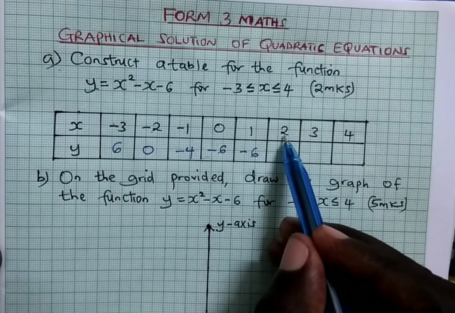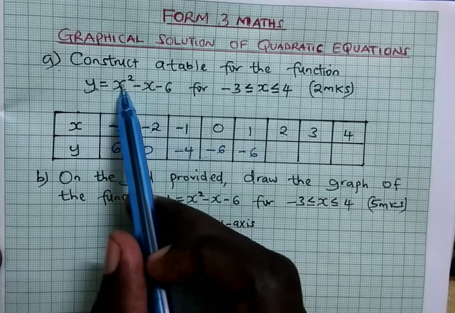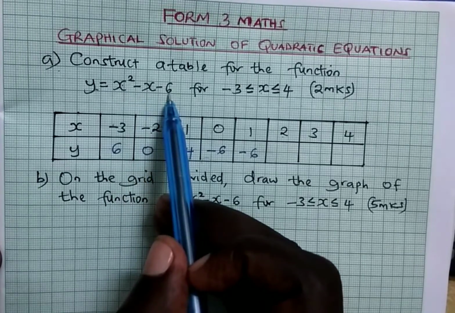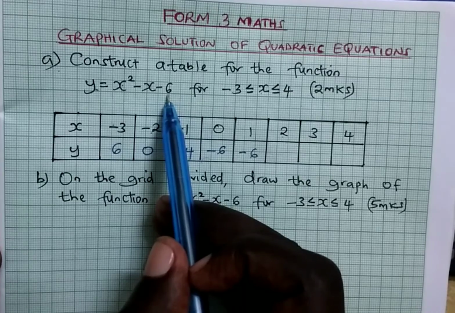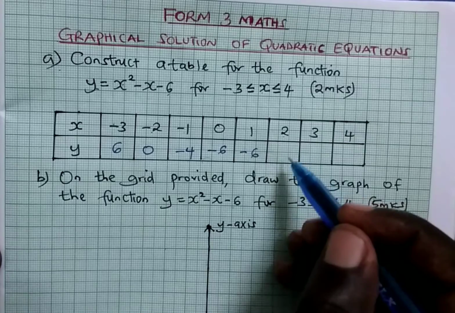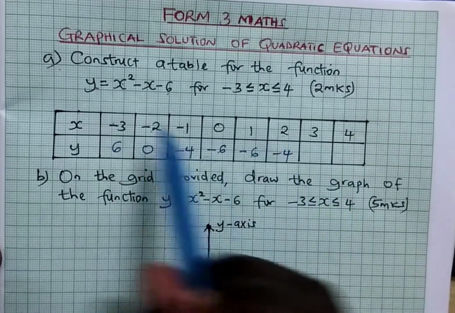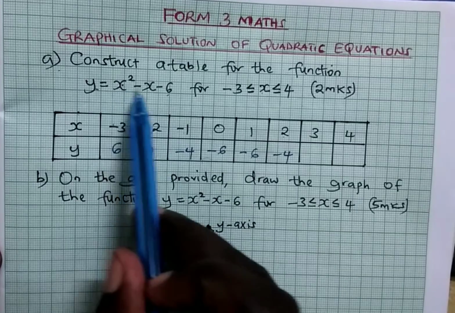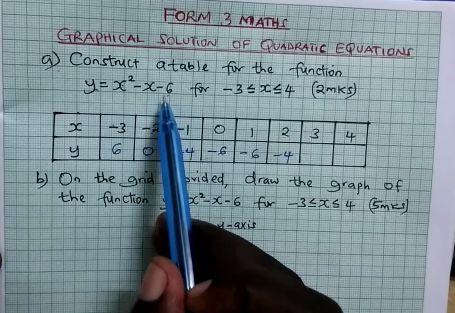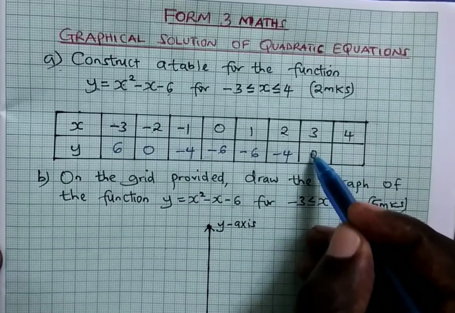When the value of x is +2, we have 2 squared, which is 4, minus the value of x, which is 2, minus 6, and the value of y when x is +2 will be equal to -4. And when x is 3, we have 3 squared, which is 9, minus the value of x, which is 3, -6, and the value of y when x is 3 will be 0.